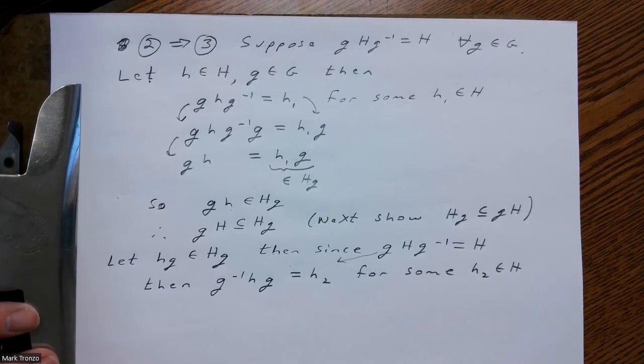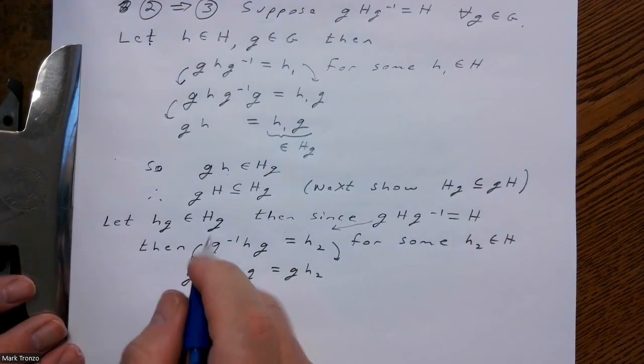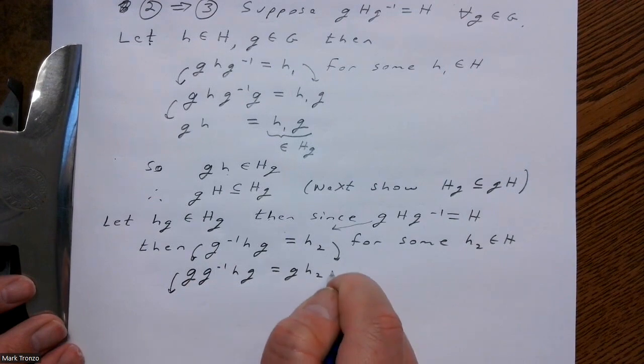And then, once again, if we multiply on the left on each of these, G inverse HG equals G H2, and then again, that's the identity.